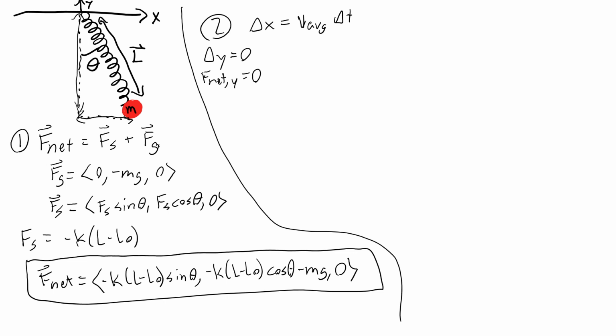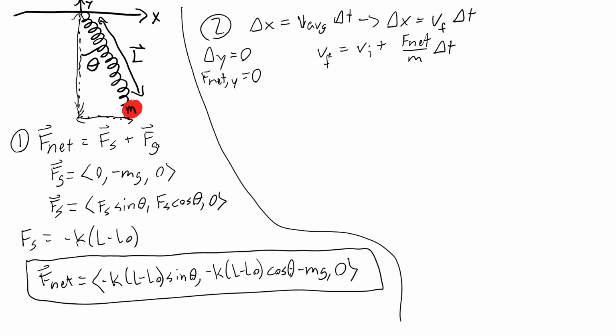So we can go ahead and write down delta x equals vf delta t. Now we want to know what vf is. Our formula for final velocity is going to be initial velocity plus F net over m times delta t. And keep in mind all of these values are in the x direction.